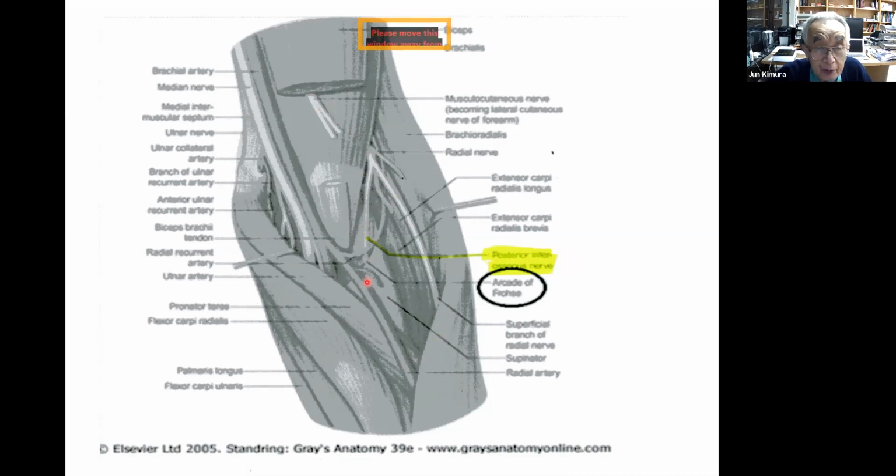Now, the big question is, when you study the posterior interosseous nerve and stimulate the nerve distal to the site of the lesion, do you get a response or not? That is the importance of distal stimulation versus proximal stimulation.